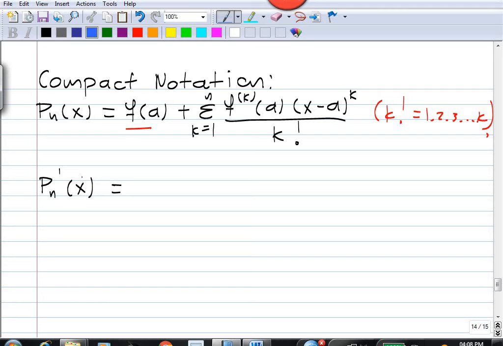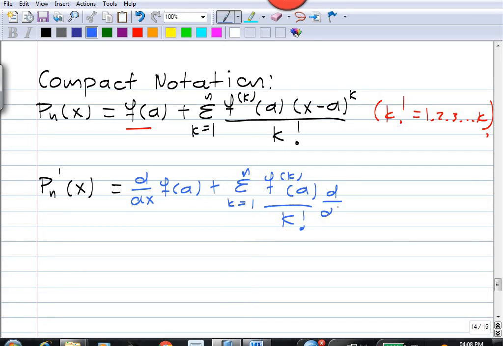Well, let's look at the derivative of the Taylor polynomial. So that's going to be d dx of f at a, and let's take out, this is a constant, over k factorial, d dx of x minus a to the k.